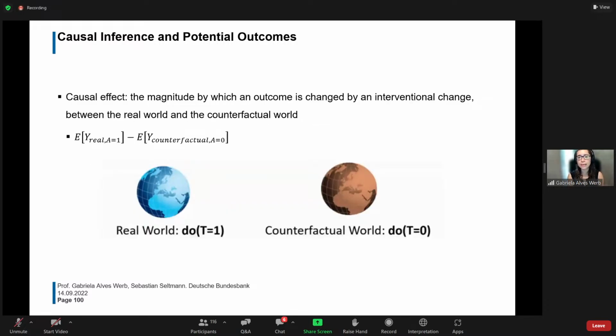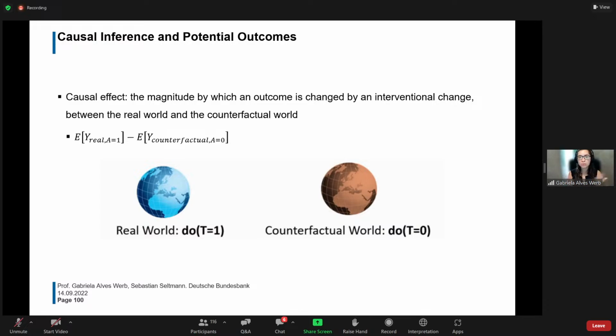And the overall problem that we always have with causal inference is that in the ideal world, we would observe the same entity or the same person once receiving the treatment and once not receiving the treatment. So we would have a parallel reality, one in which, for example, this institution was affected by the law, and one in which this institution was not affected by the law. And then we would compare the results and see what was the effect of the law on this institution.